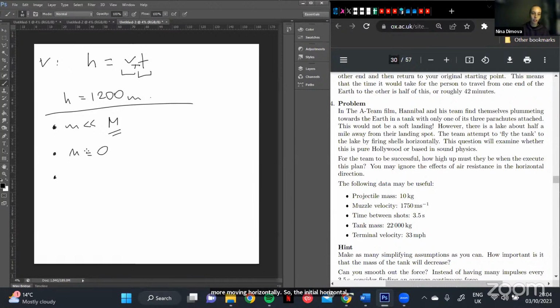So this is just another assumption we made in order to find the time of flight. And something else you might mention is air resistance sideways. So vertically, we do take account of the fact that the tank is falling through air because it reaches the terminal velocity. However, horizontally, we don't account for a friction force going the opposite direction.